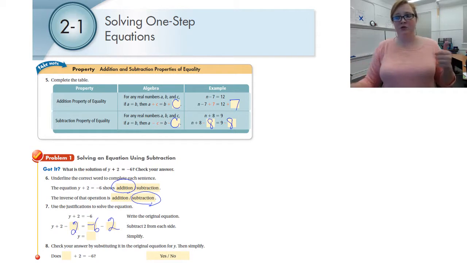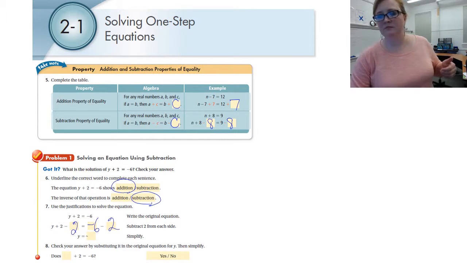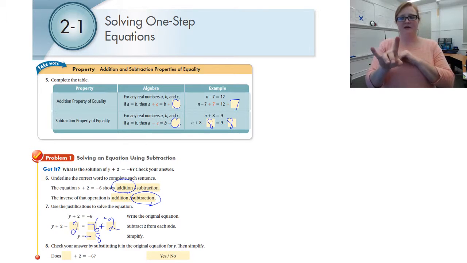Y is equal to negative 8. The justification for that step is simplify. Number 8, check your answer by substituting it into the original equation for y.